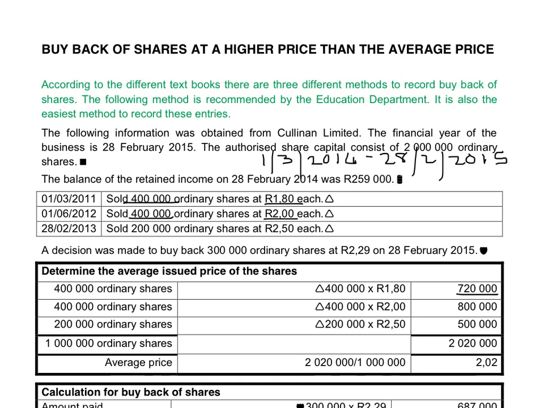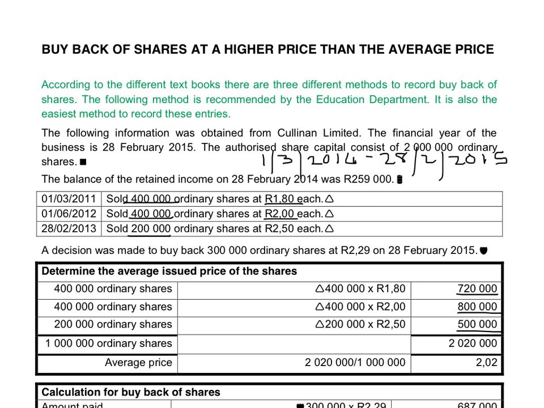So 400,000 times 2, the capital provided was 800,000. The next date, 28 February 2013, is before the current year, so it is also part of the opening balance. We sold 200,000 at R2.50 each, that gave me 500,000 Rand.